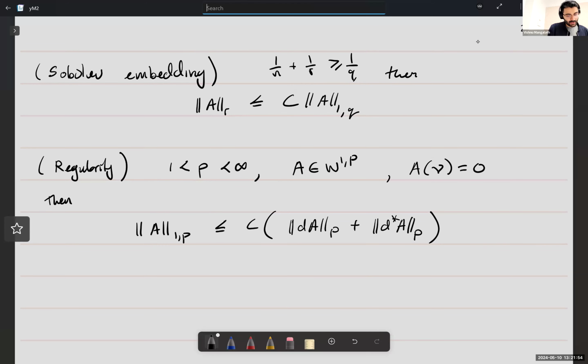The proof of various generalizations of this theorem is in that book.